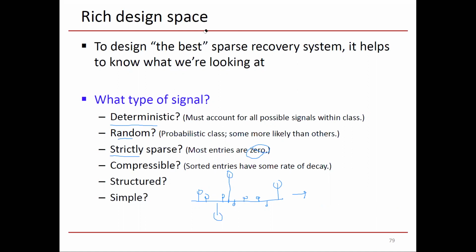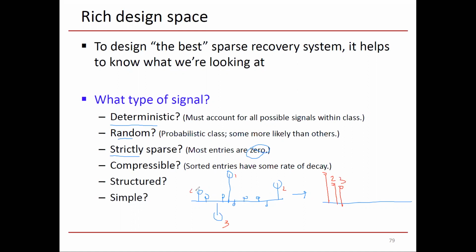I'll do this in red: the big one has the biggest magnitude, and these two are the next biggest. Suppose that in magnitude number 3 is just a bit smaller than number 2.